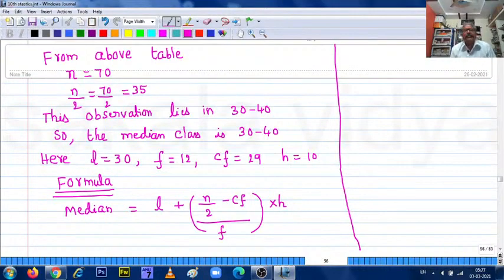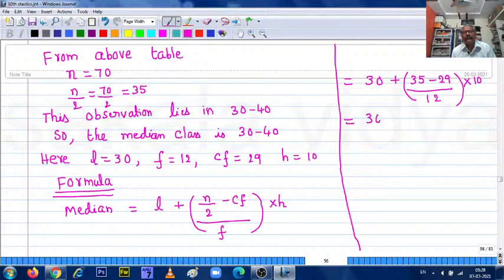So now let us substitute the respective values. L equals 30, plus n by 2, n by 2 is 35, minus CF, CF is 29, upon F, F is 12, multiplied with 10, H is 10.